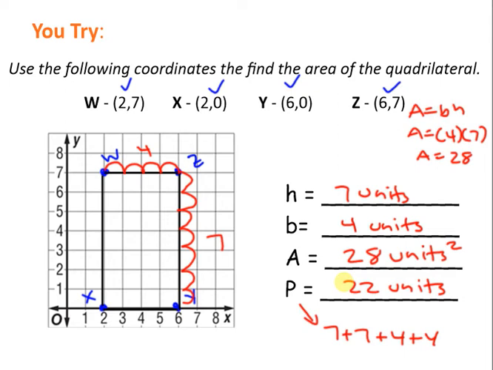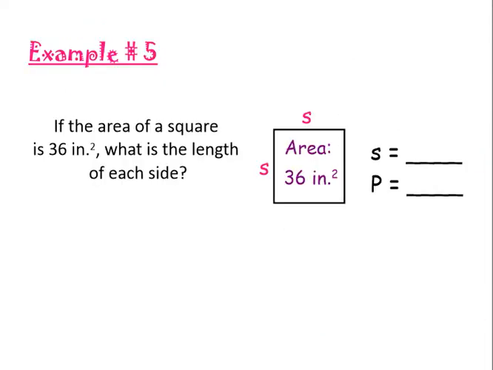So our height here is 7 units. It's a rectangle, and the base is 4 units. So 7 times 4 would give us 28 units to the second power, and then our perimeter is 7 plus 7 plus 4 plus 4, which would be 22 units. Okay, so let's move on to some other stuff here.